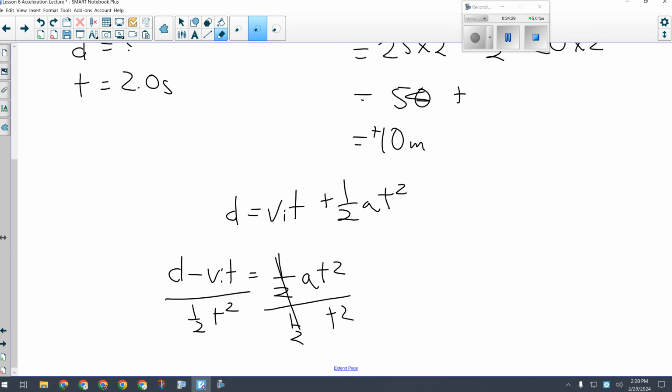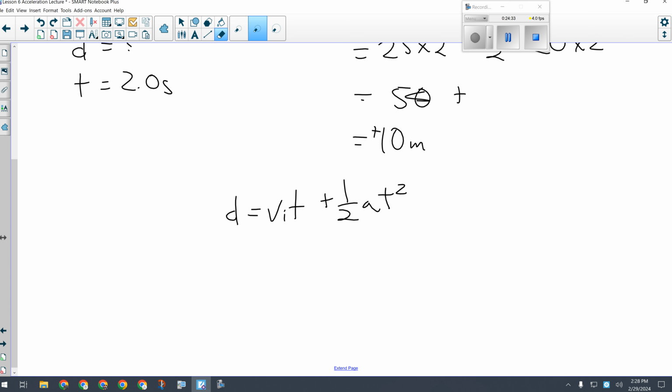All right. Now, how do I solve for t? That was trickier. Subtract the 1/2 at squared, and divide VI.